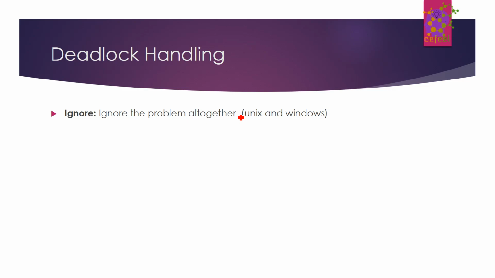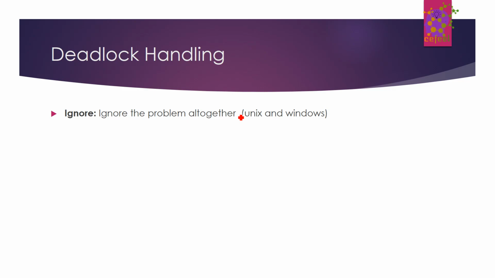The first and simplest technique is to just ignore, because deadlocks are not always a real problem. They may not happen that frequently, so we could just ignore the problem altogether, or not do any handling and let the application or the user of the system take care of it whenever there is a deadlock. You might have seen situations where your system hangs due to some process not responding, and then we end up restarting the system.